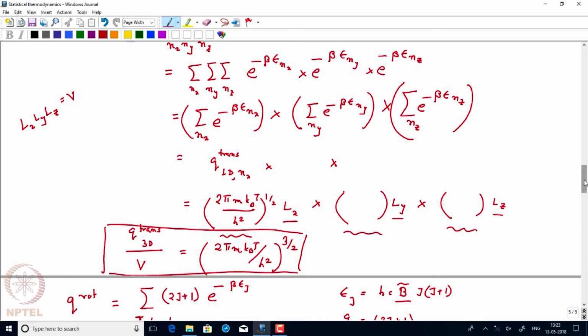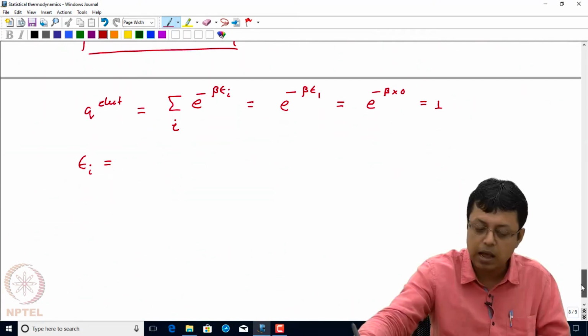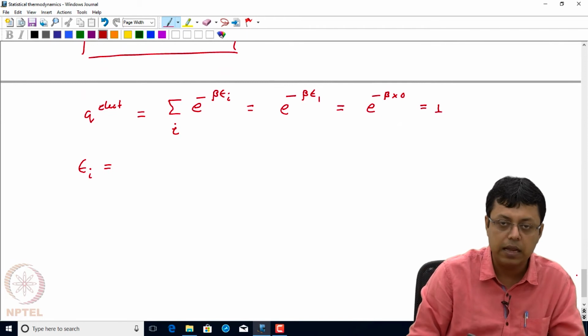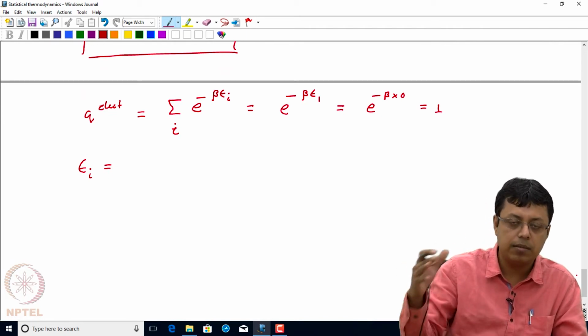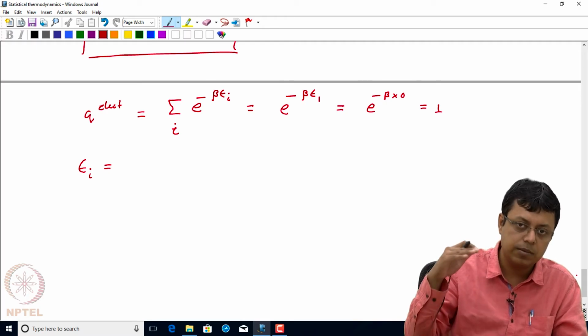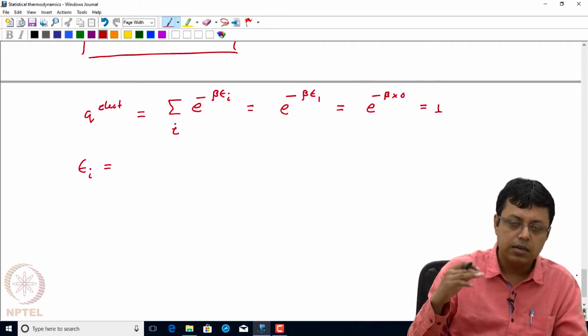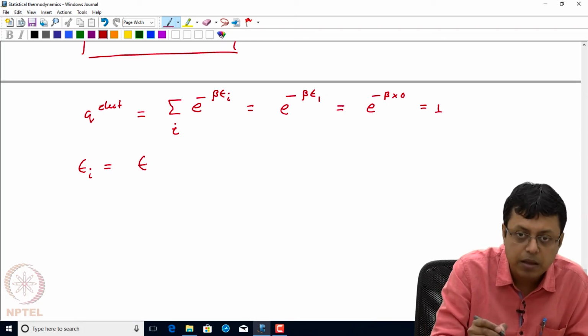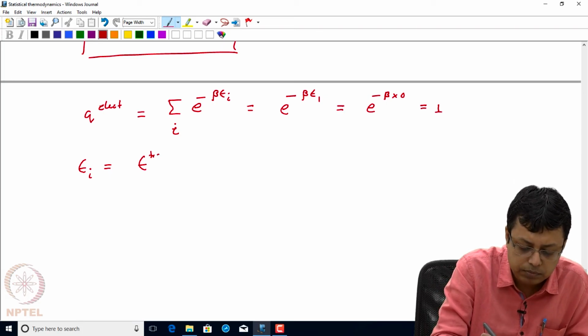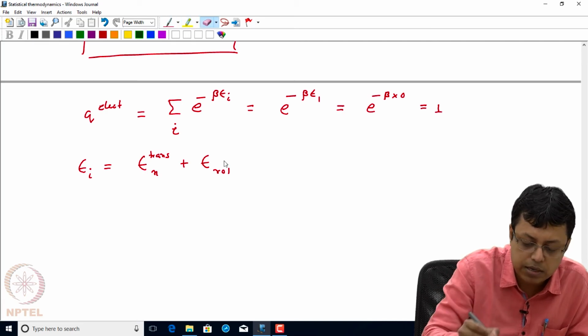Similarly, suppose I say that I have some energy level I of the molecule, but that I corresponds to some specific translational energy, some specific rotational energy, some specific vibrational energy, which means this epsilon I corresponds to some translational energy, some specific n, some rotational, and we are writing trans, rot, all these things as a superscript.